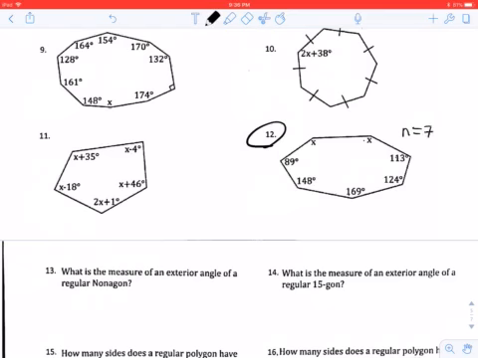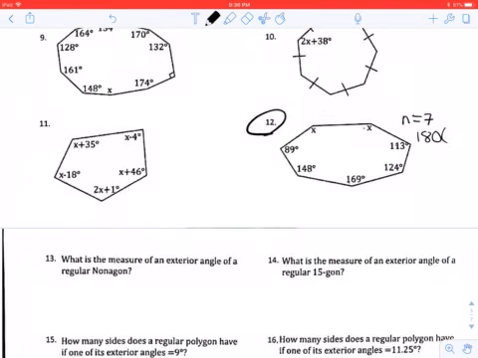So there are 7 sides for this one. I need to figure out how many degrees that's going to be for the sum. So 180 times n minus 2, which becomes 5. 180 times 5 is going to be 900 degrees.